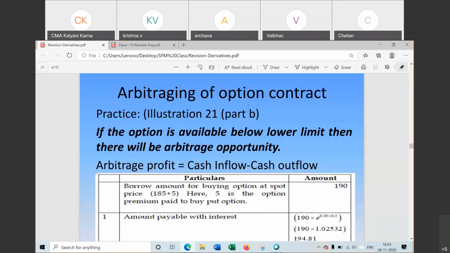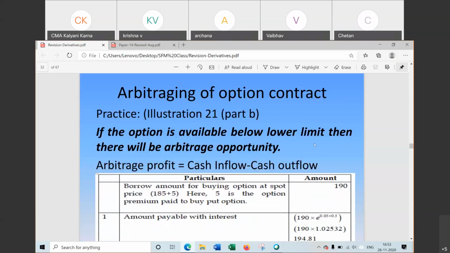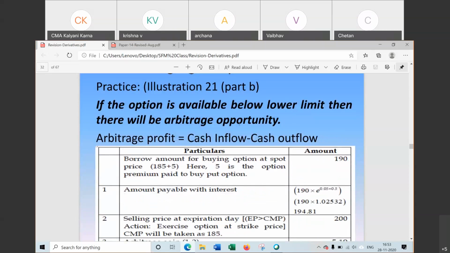Now arbitraging in the case of an option contract, that is based on question number 21 part B. Arbitraging: if the option contract is available below the lower limit, arbitraging will be done.